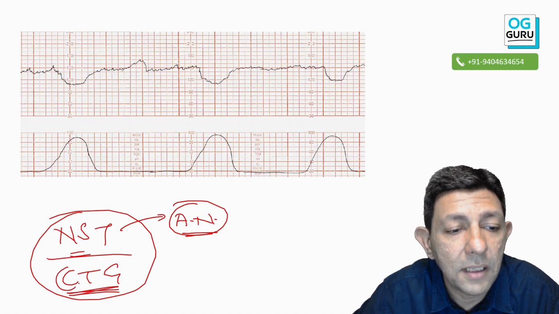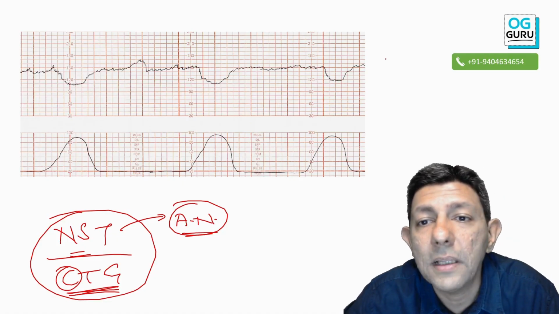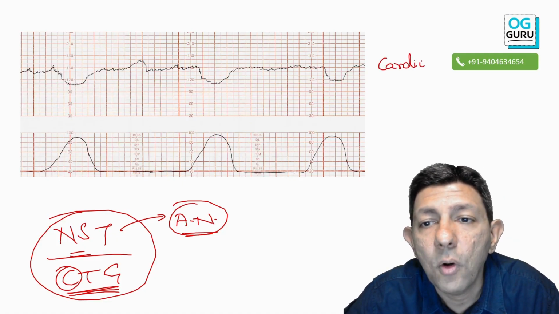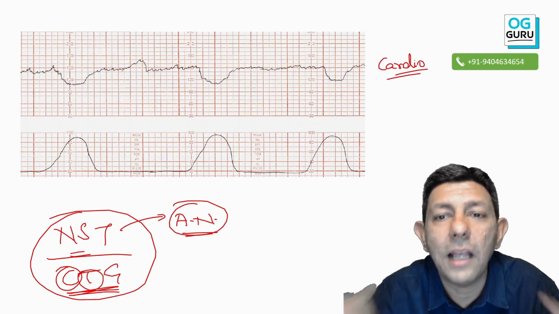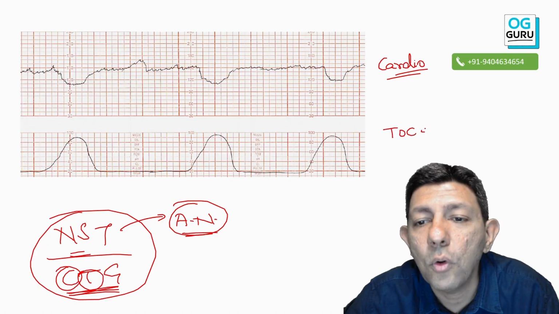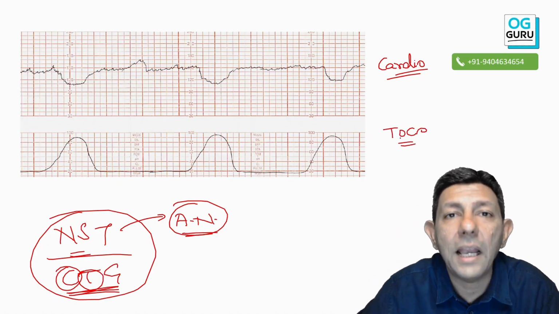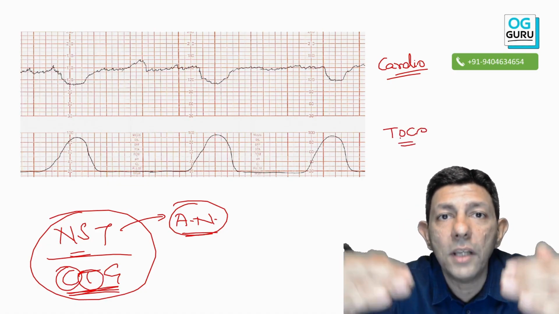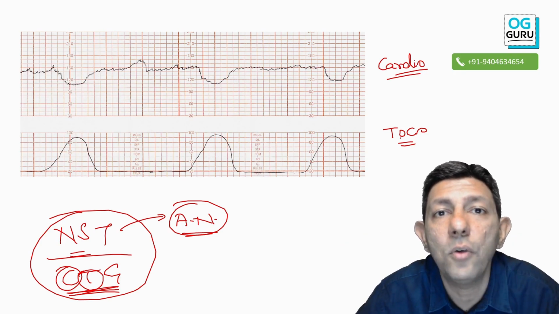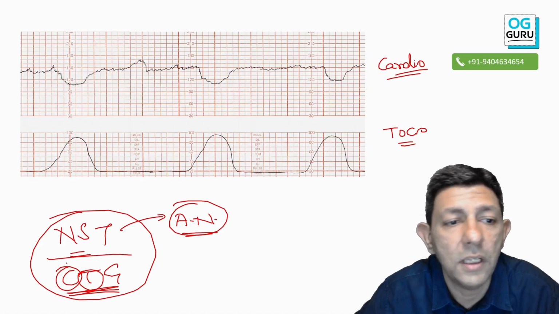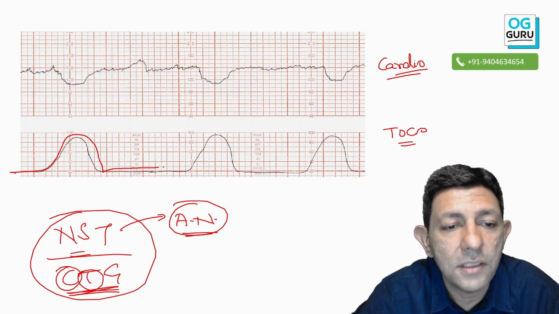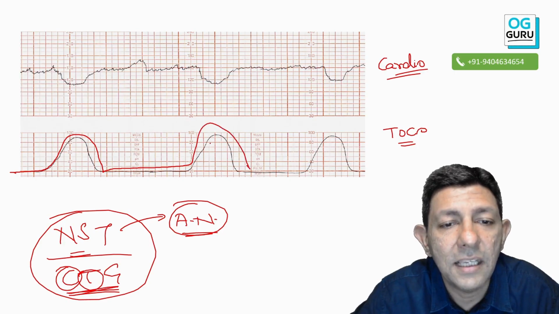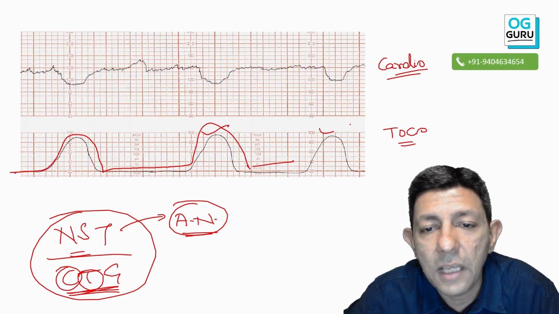Sir, C means cardio, the baby heart rate, and T means toco, toco means the uterine contraction. Why? Because when the uterine contraction increases, the intrauterine pressure will also increase. So here you can see, sir, uterus is relaxed, then a contraction came. And again uterus is relaxed, and again there is a contraction, and again relaxed, again a contraction.